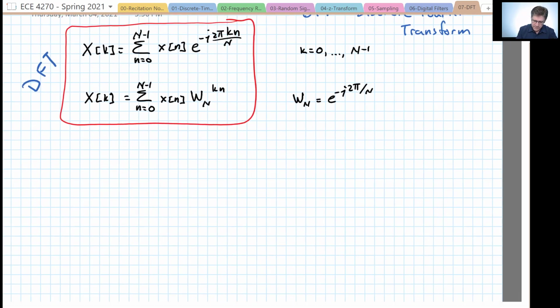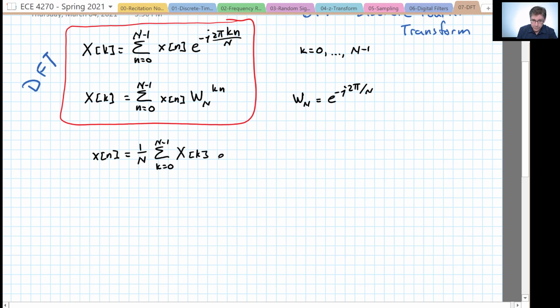So the inverse DFT is actually a definition that's very similar to the forward DFT, which should be pretty nice because we're tired maybe of having path integrals or integrals from minus infinity to infinity or 0 to 2 pi or whatever it may be for transform du jour. It's just another sum.